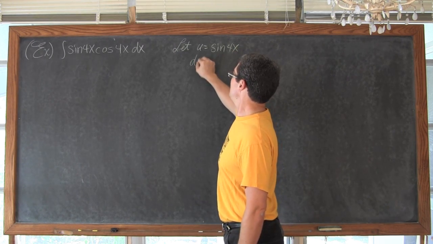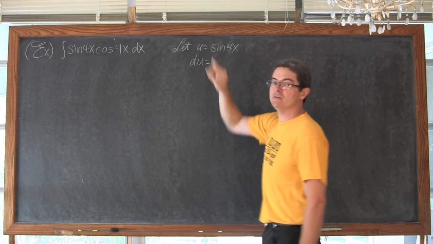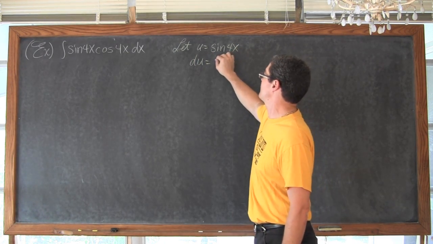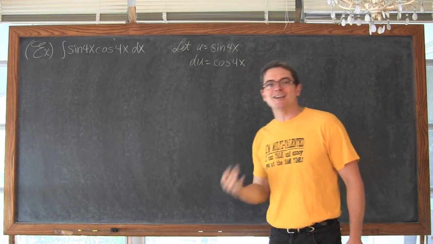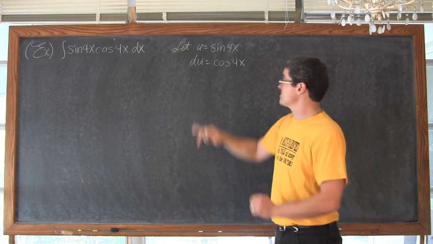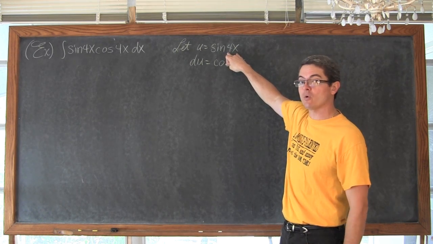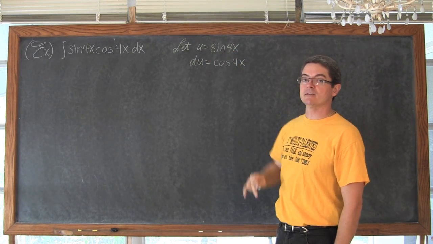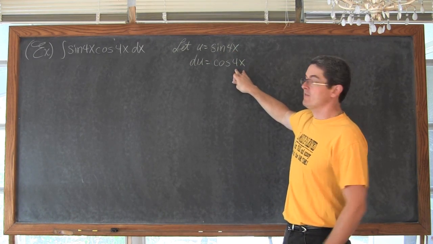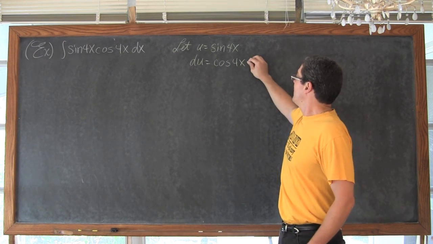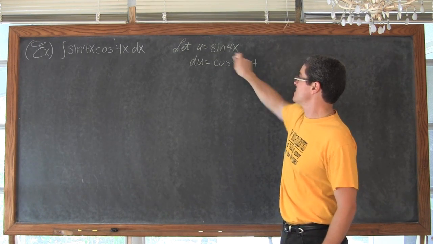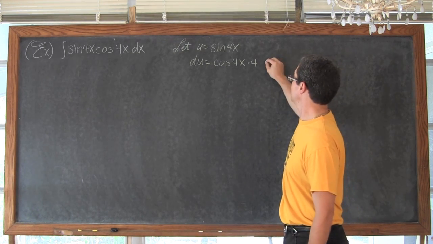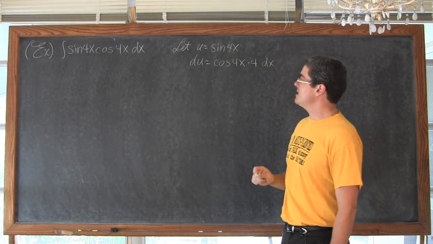So that means that du is going to be equal to, well, the derivative of sine is cosine, so we have cosine of 4x, but it's not just the sine of x, it's 4x. So there is an inside function here of 4x inside the math function of sine, so we have to follow the chain rule and say that this is cosine of 4x times 4 times the derivative of that inside function, and then let's not forget, of course, the dx.